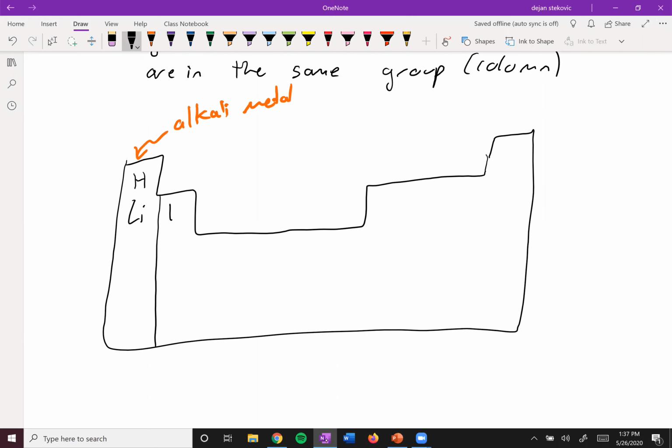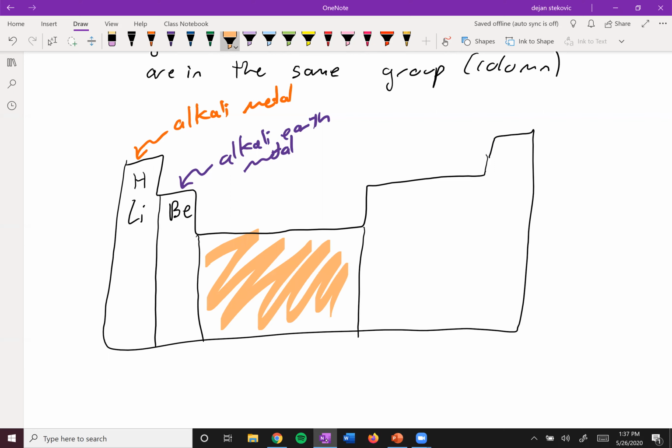Next up, we have beryllium and below. This is what's known as an alkaline earth metal. And then in this big block here, all of these are called the transition metals.